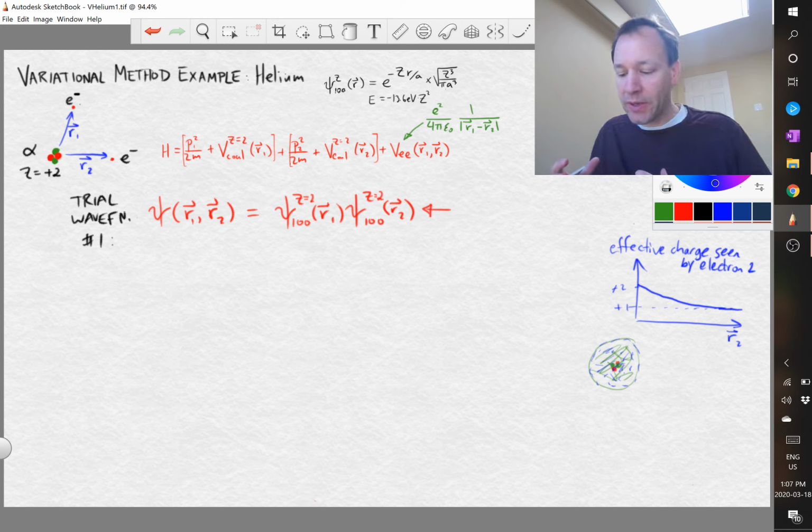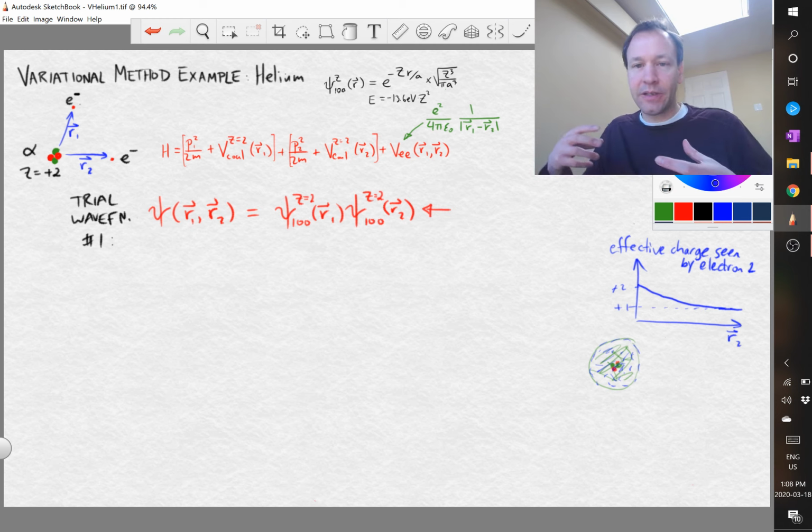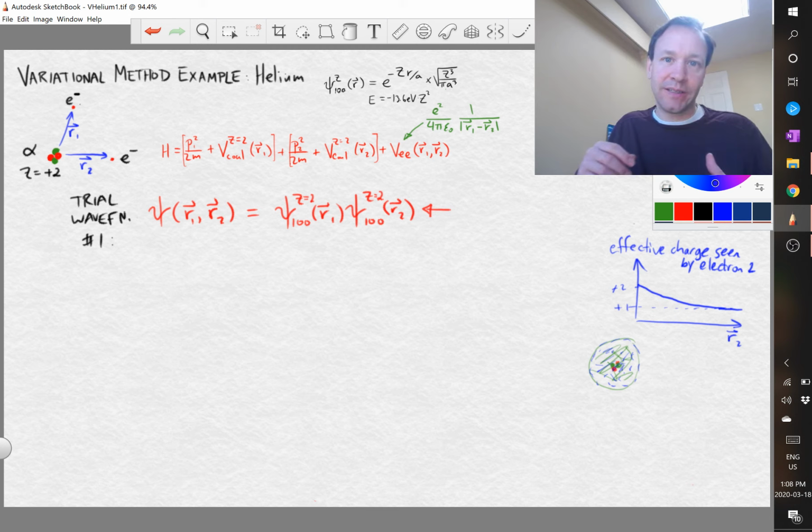The point is that when we chose our previous ansatz for the trial wave function, we were saying that each electron is in the wave function that it would be if it were around a charge of +2. What we've just understood is that the charge actually seen by one of the electrons effectively depends on how far away it is, and it could be anywhere between +1 and +2.